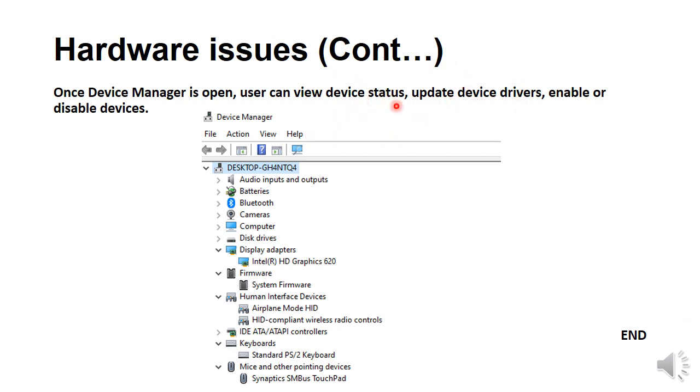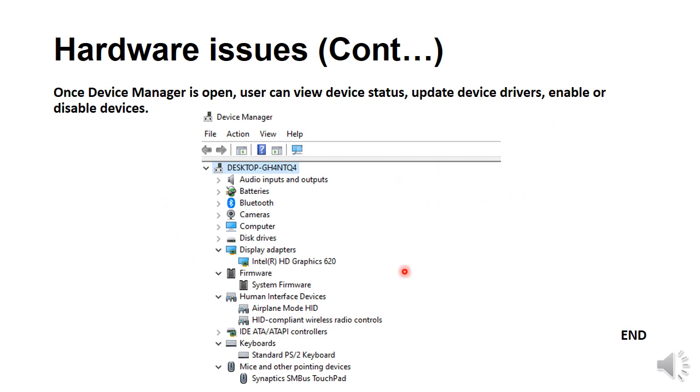You can update device drivers. You can enable or disable device drivers. For example, after clicking on device manager, I see that my computer hardware component drivers exist. Sometimes if one of the computer component drivers is missing, you get a question mark colored in yellow.